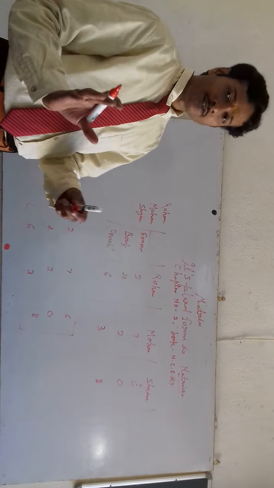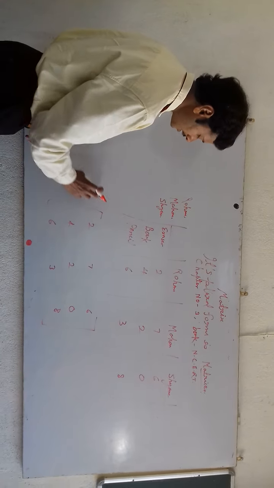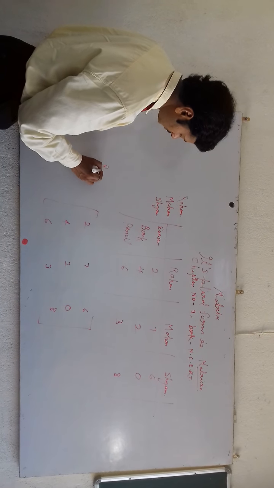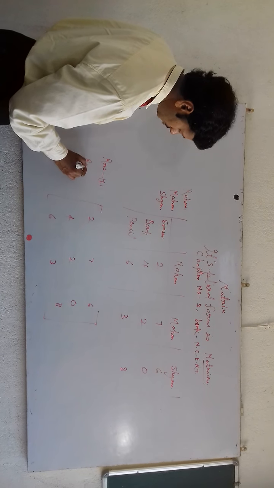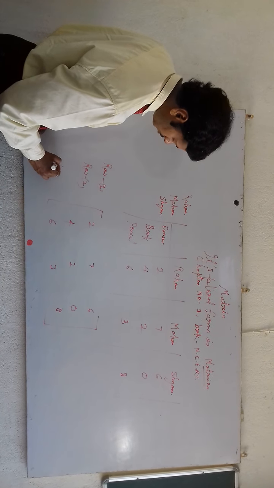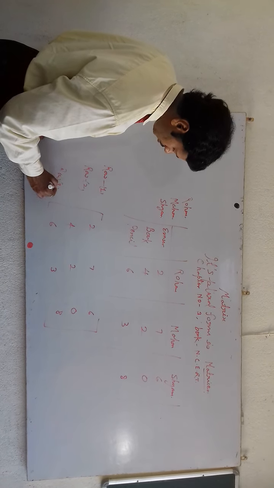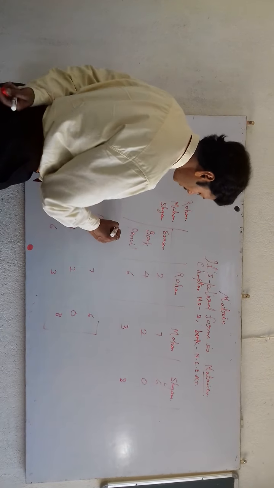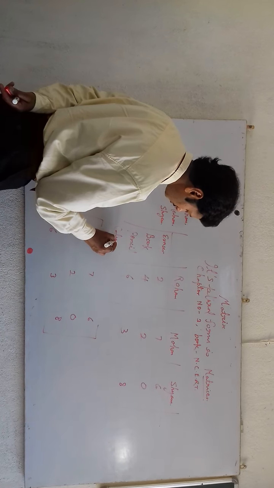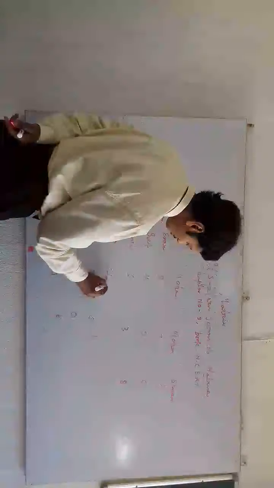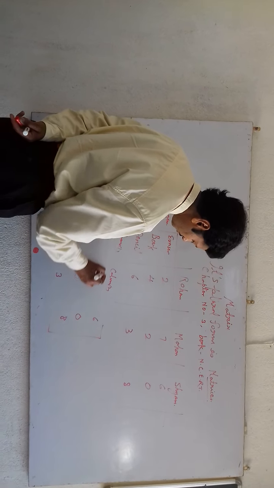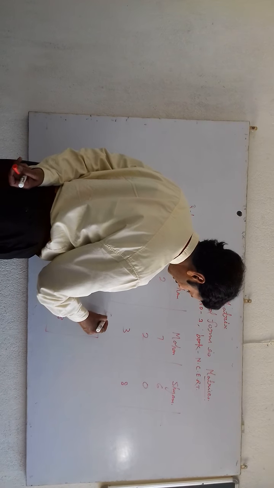So you can see that there are 3 rows: row 1, row 2, row 3, and this is column 1, column 2, and this is column 3.